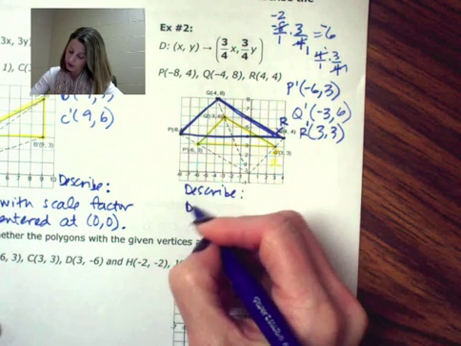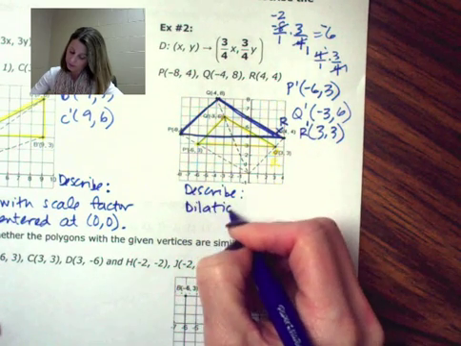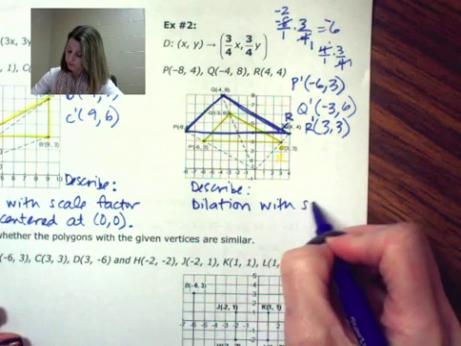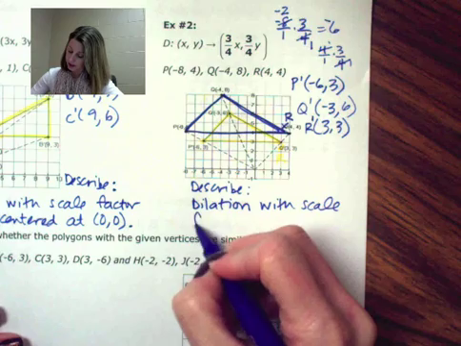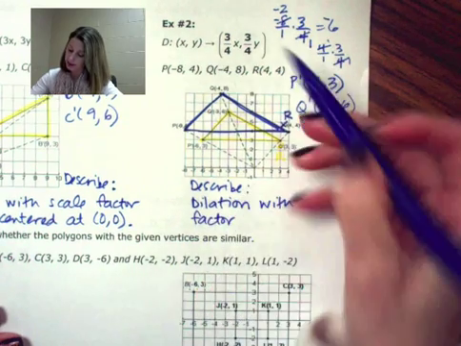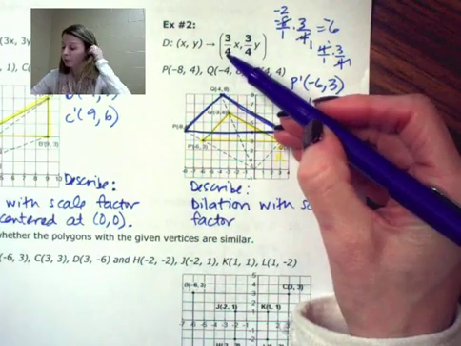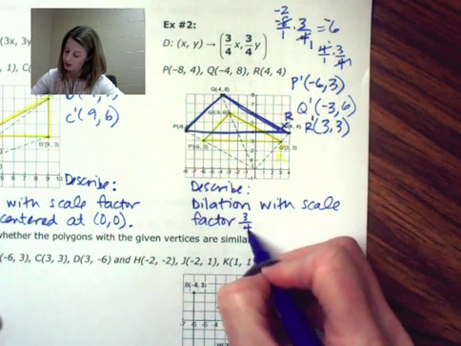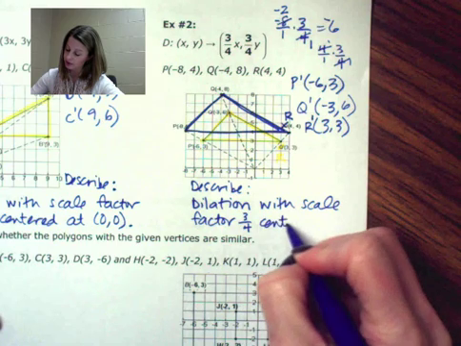This is a dilation with scale factor, and my scale factor is right here. It's the number I've been multiplying everything by: scale factor of 3/4, centered at 0, 0.